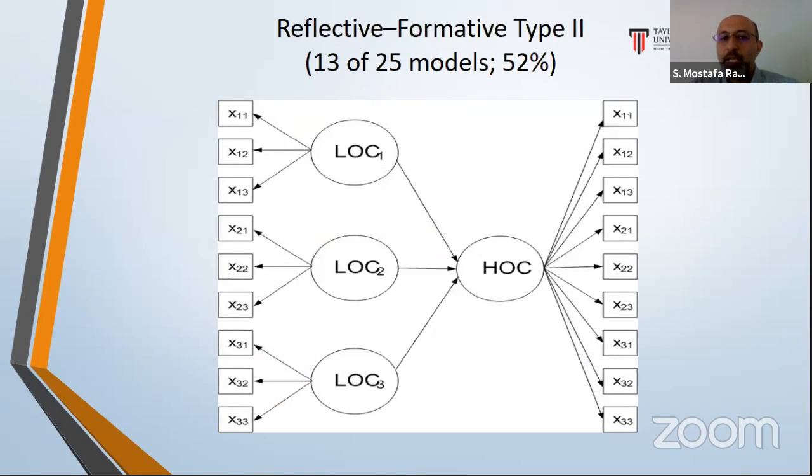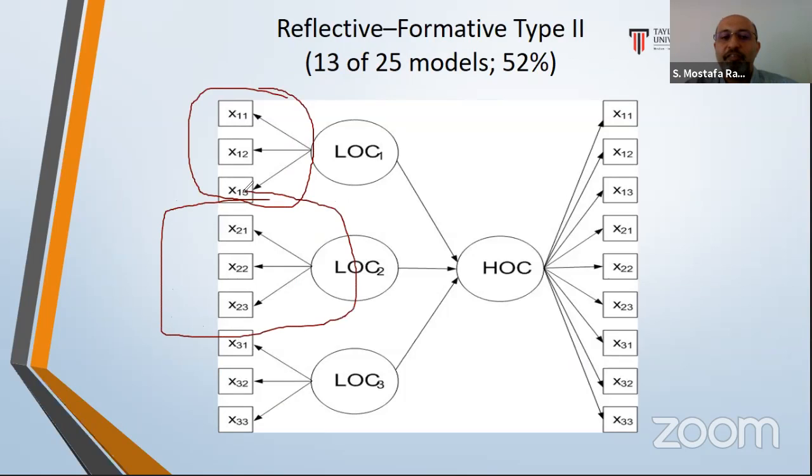Second type is reflective formative. It means items reflectively create first order construct. So you can see the direction of the arrow is from construct to observed item.